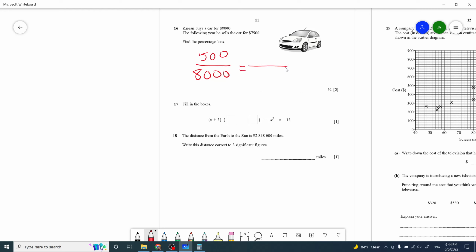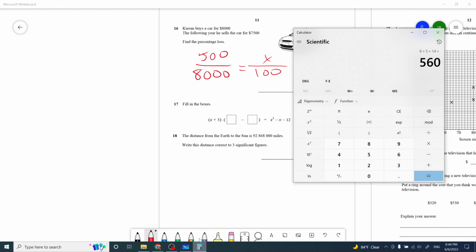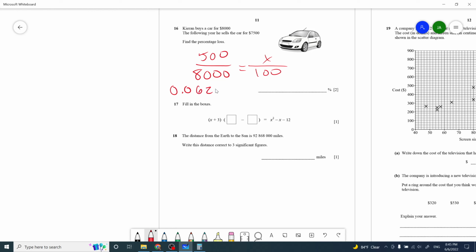You could again set this equal to a proportion and figure out what is going to be here. 8,000x equals 50,000, so 50,000 divided by 8,000. Or if you have a calculator, you could just take 500 divided by 8,000, which is going to give you 0.0625.